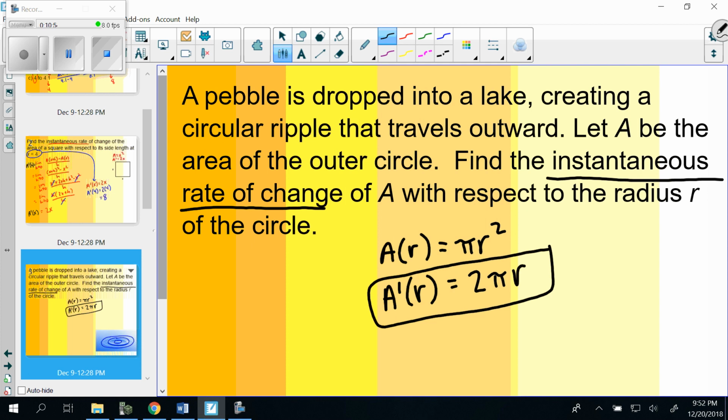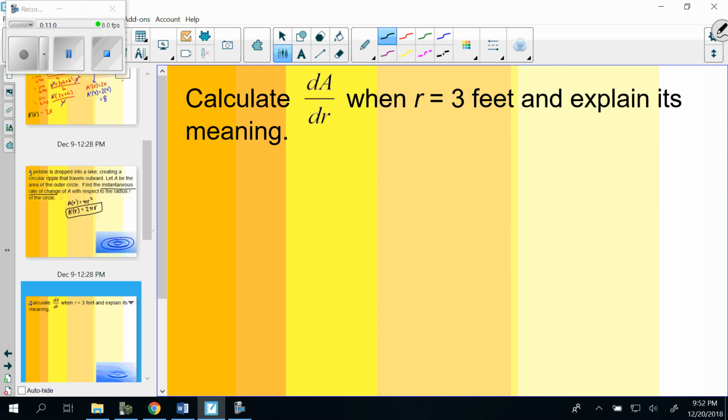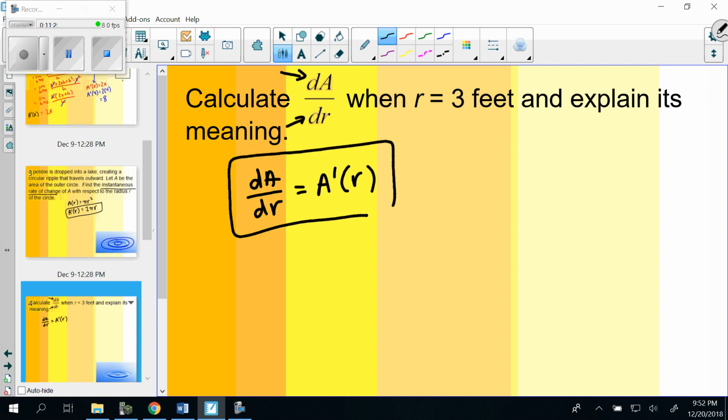Now if we wanted to find out what that is at any time, we should be able to do that, and that's what our next question is asking. It says calculate dA/dr when r equals 3 and explain its meaning. So this is saying what's the change in A with respect to the change in r. And so dA/dr, that's just another way of writing the derivative of A with respect to r. These two mean the same thing.